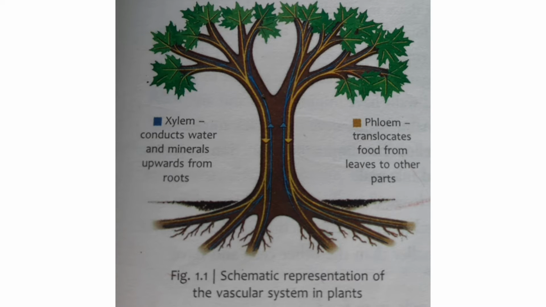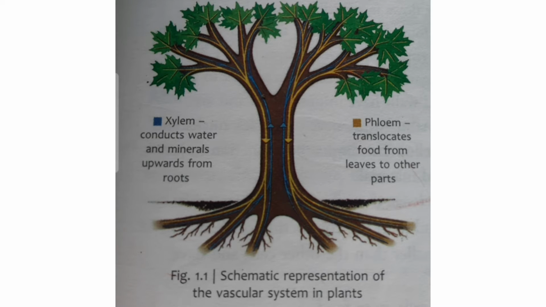The xylem conducts water and minerals upward from the root, and the phloem translocates food from leaves to other parts. The main function of the xylem is to transport water and minerals upward from the roots, and the phloem transports food manufactured in the leaves to all parts of the plant.